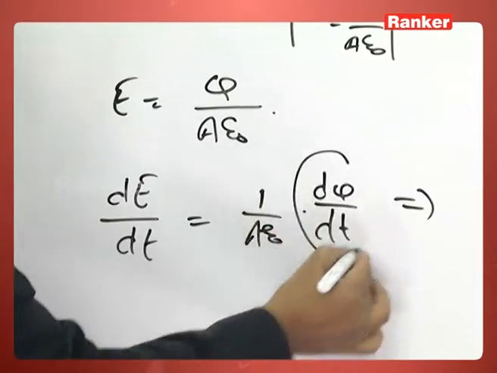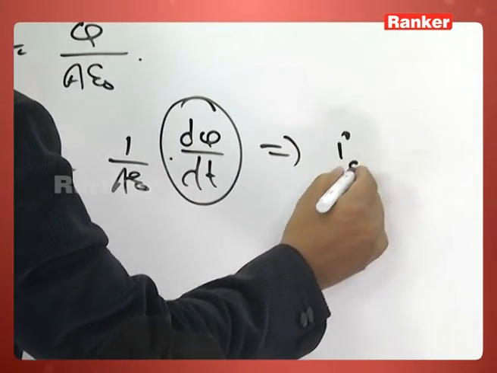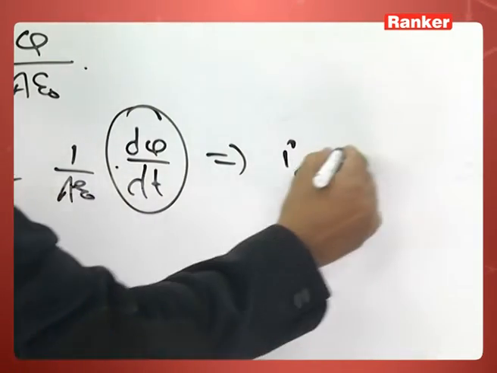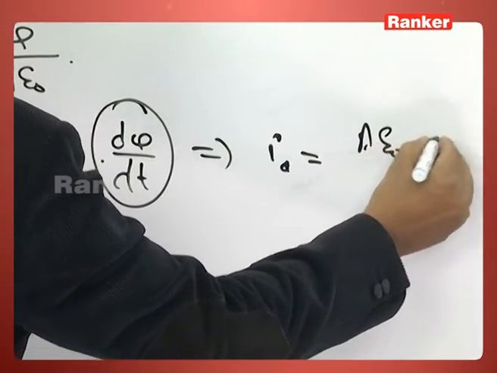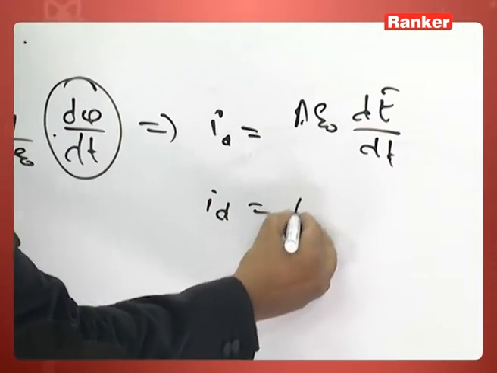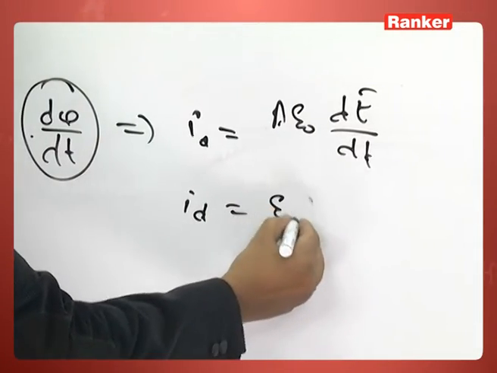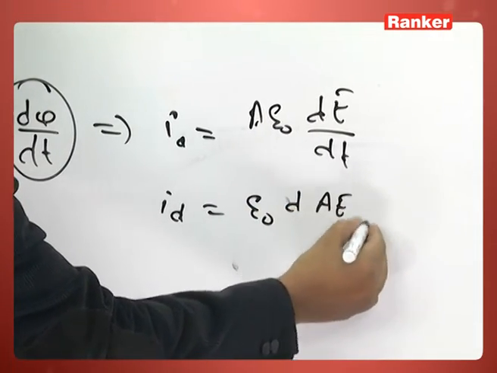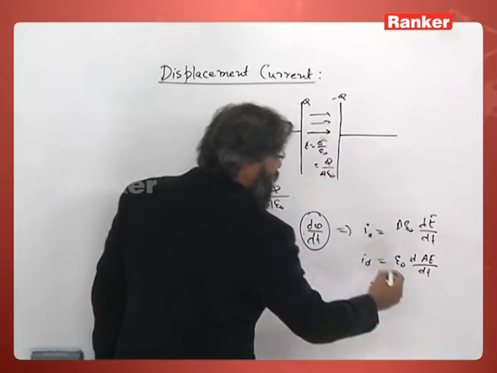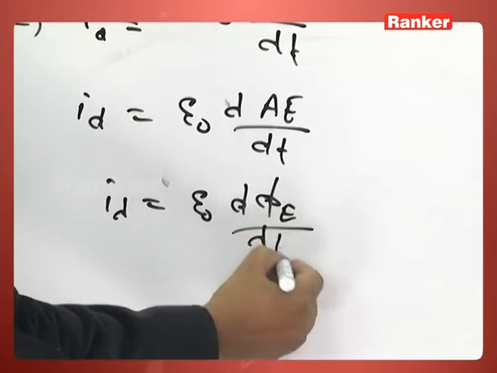Now this dq by dt, suppose I write this as I d, then it is A epsilon naught dE by dt. Now let us include A inside it, so it becomes epsilon naught A dE by dt, and since the electric field and area vector are perpendicular, we can write this as the flux of electric field.